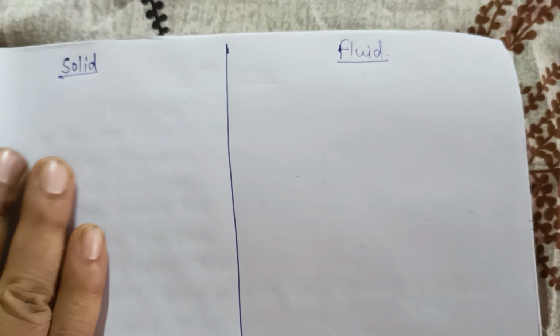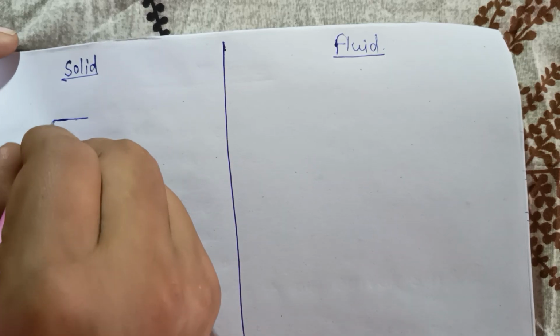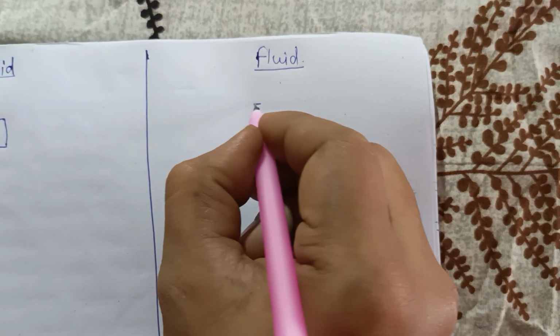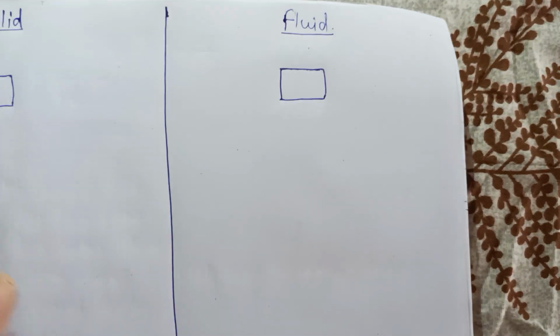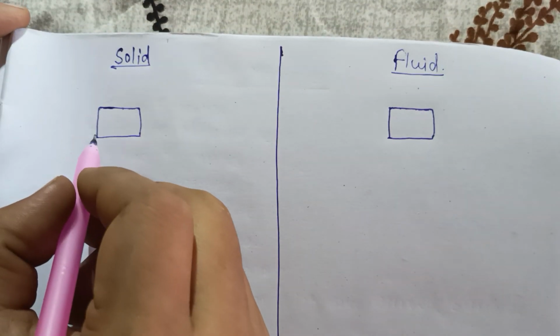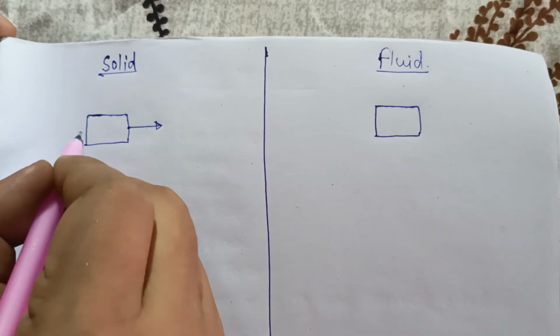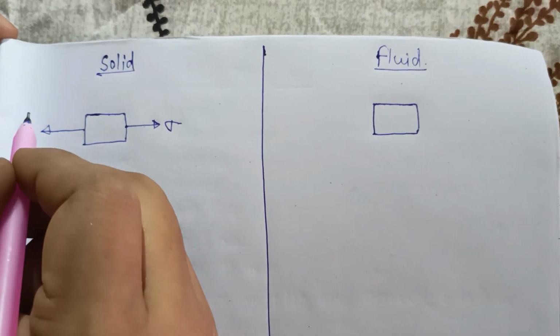Here this is the solid and this is the fluid. If you apply tensile stress to a solid, sigma is the tensile stress.